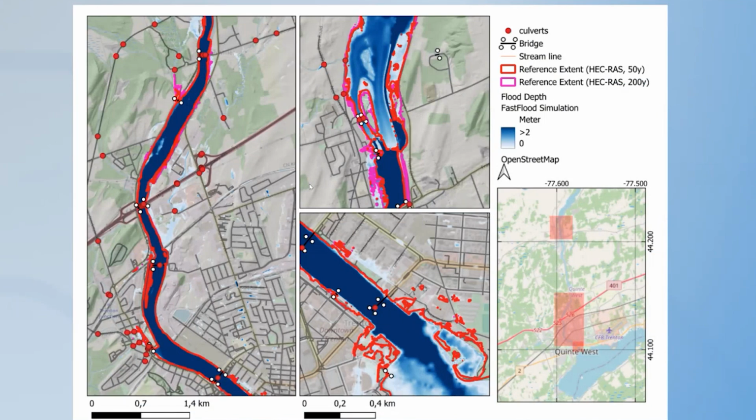Maybe to show for urban areas, we try to do a lot of estimation of features based on OpenStreetMaps as well. You see here, for example, in red, locations of automatically derived culverts. Then the black lines, the automatically derived bridge locations.